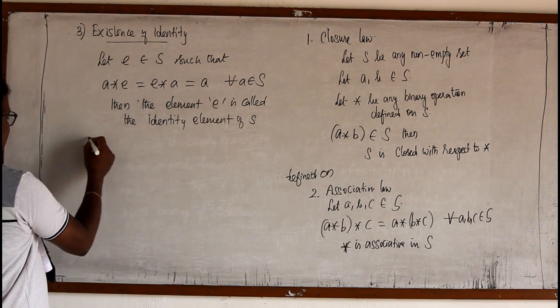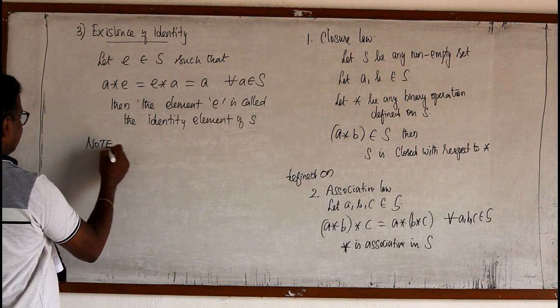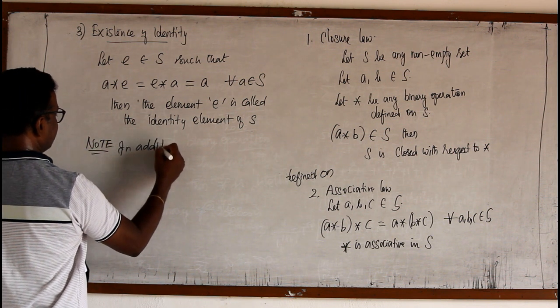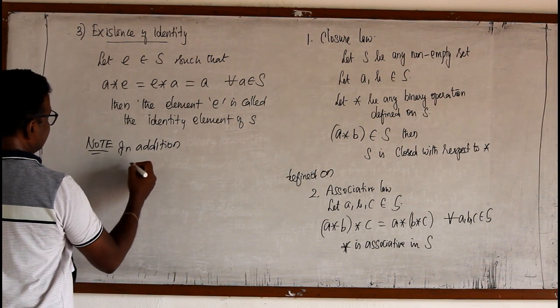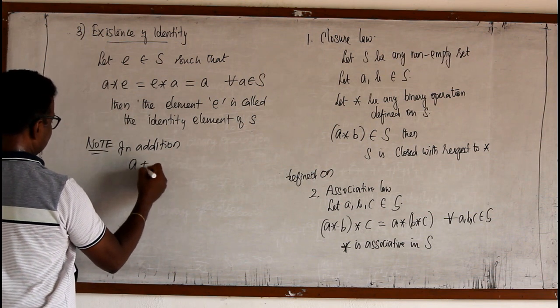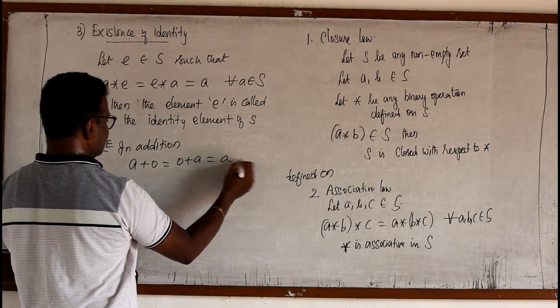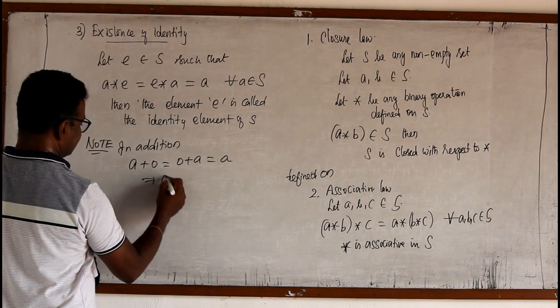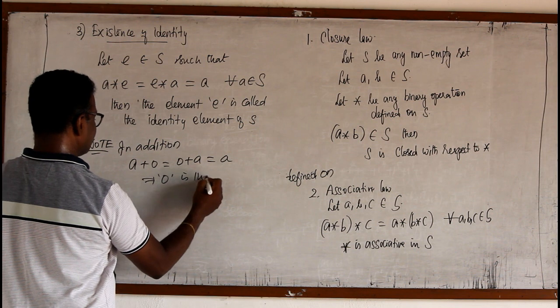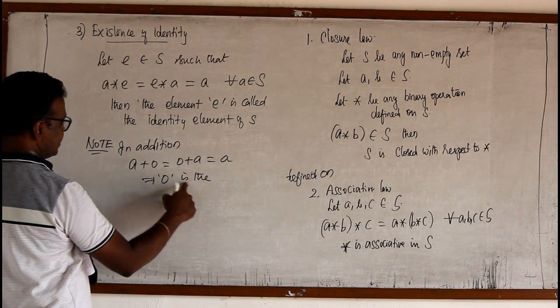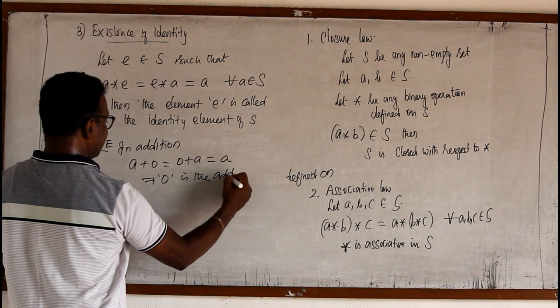For example, you can take it as a note itself, in addition. Remember, in addition, any number A with 0, or 0 with A, equals A. This implies 0 is the identity element. Since it is not involved in addition, 0 is the additive identity.